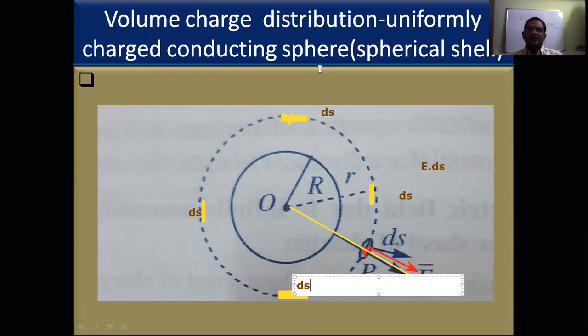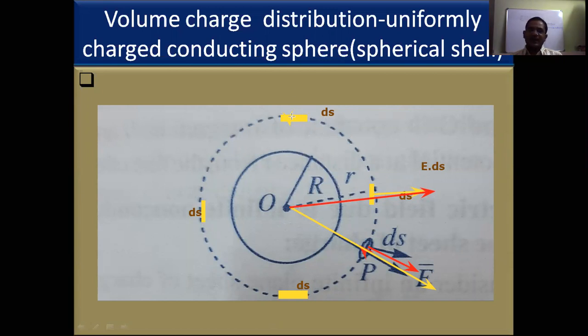The direction of this area vector will be like this. This is the ds bar direction. But the direction of electric field strength at any point on the surface will be in the same direction because of the symmetry of charge distribution. Also the magnitude of field strength at every point on the surface is constant.